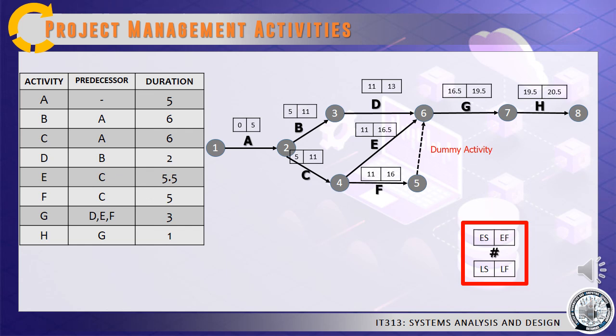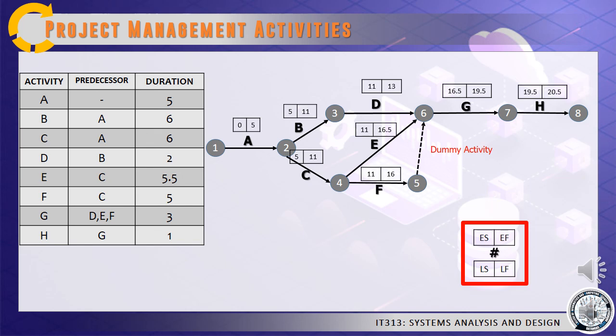The boxes above each activity indicate the early start time and the early finish time of each activity. To calculate our early start time, we can start by identifying on what day the predecessor activity ended.